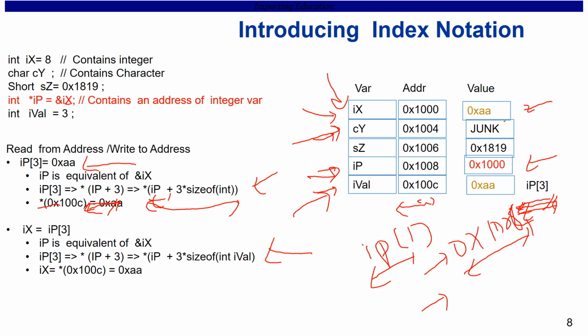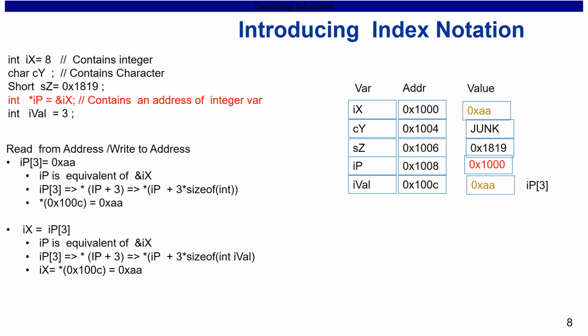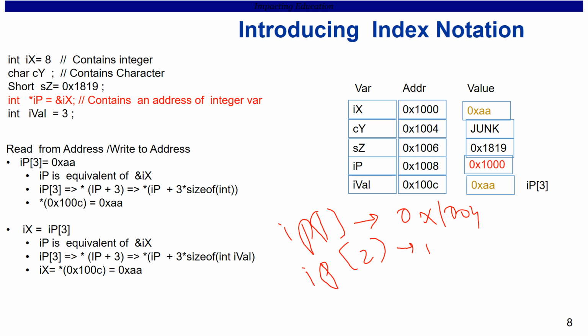Sorry, I'll just clear this and try it out again. So IP of 1 would evaluate to access to location 1004 for an integer value. IP of 2 would be 1008, which means when you're accessing 1008, you are accessing IP itself.